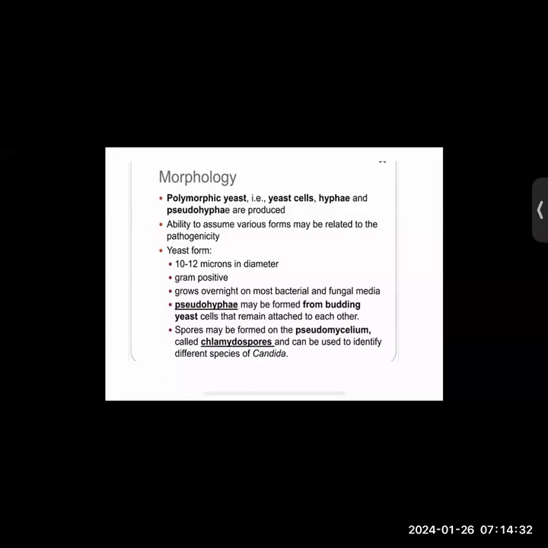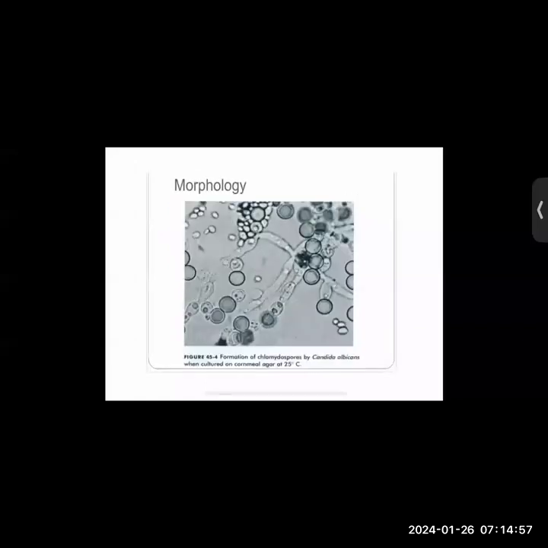The yeast forms are about 10 to 12 micrometers in diameter. They are gram positive and grow overnight on most bacterial and fungal media. The pseudohyphae may be formed from budding yeast cells that remain attached to each other. Spores called chlamydospores may be formed on the pseudomycelium and can be used to identify different species of Candida.